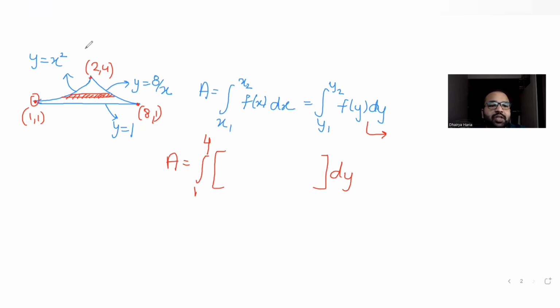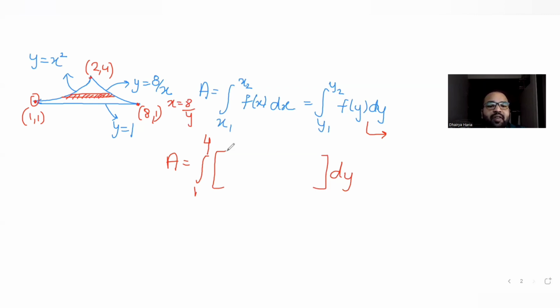If I take this rectangular hyperbola, the entire area below it comes, so I will have to subtract from it the area of the parabola between the limits 1 to 4. So from this curve, that is y equals 8 by x, if I want to write x in terms of y, I need to mention it as a function of y.